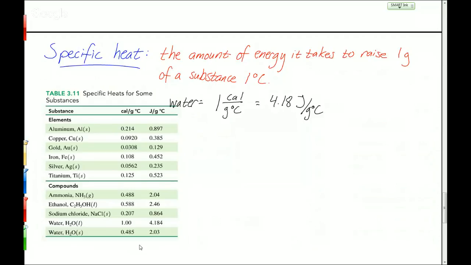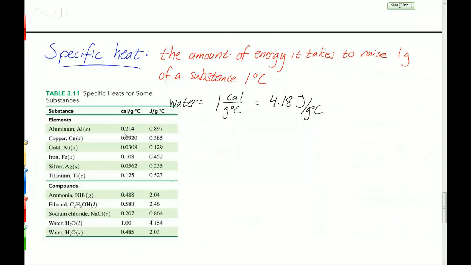You've got oceans and lakes, and that really helps control temperature, because even land and rock and other stuff like that is not going to have nearly as high a specific heat. So it's not going to be able to store energy the way that water can. And there's our aluminum right there.